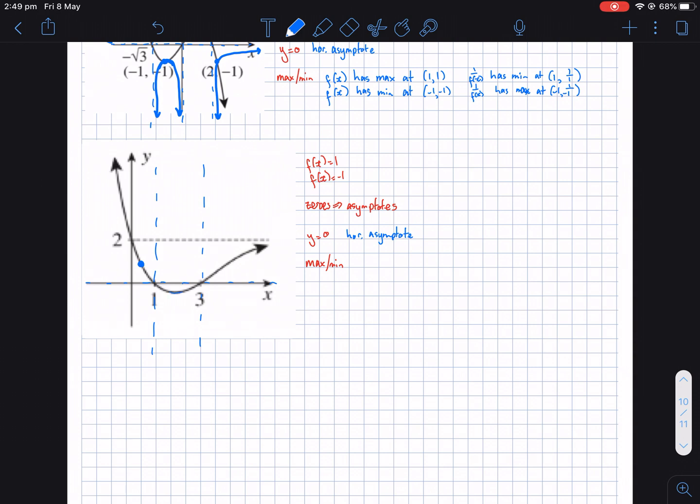So here you can see we've got a minimum at about 2. That's okay, we don't have to be that accurate. So we're going to have a max there.